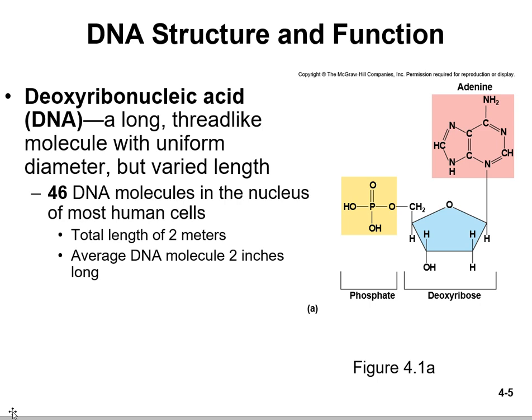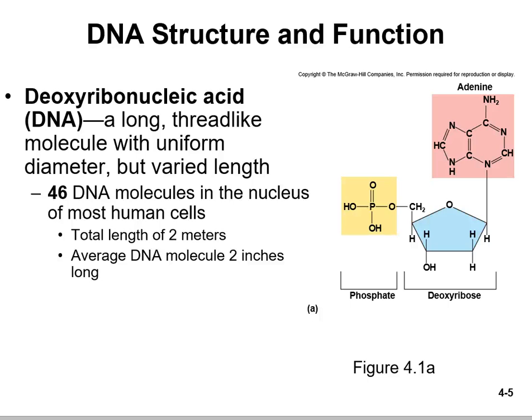Hard to believe, but if you coil DNA up very, very tightly and wrap it around proteins to make chromosomes, 46 of them to be exact in each human cell, then you would get 2 meters long of DNA. Hard to believe something so long can fit into something that is microscopic.